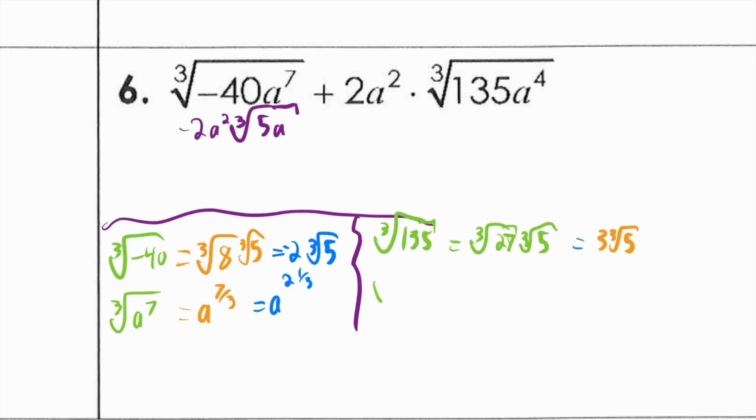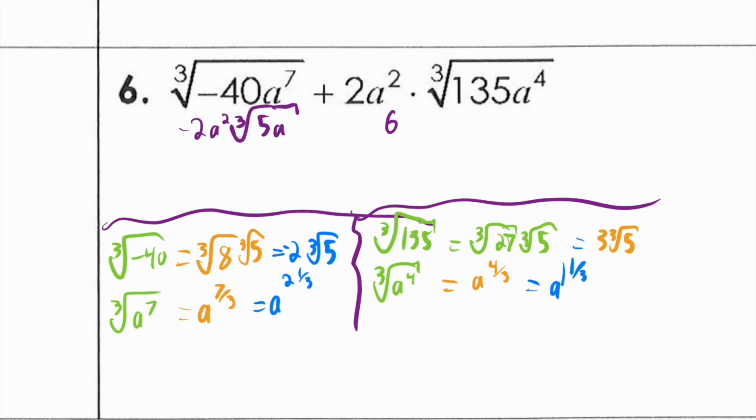Then we have the cube root of a to the fourth, which is a to the power of 4 over 3, which becomes the mixed number, a to the power of 1 and 1/3. So that, multiplied with 2a squared, so we have 2 times 3, which is 6. A squared times a to the first, which would be a to the third, times the cube root of 5a.